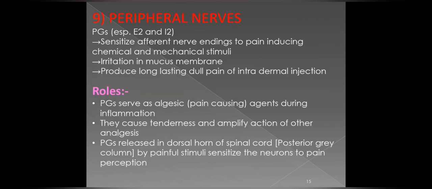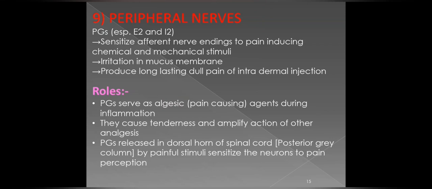In peripheral nerves, prostaglandins, especially prostaglandin E2 and prostaglandin I2, can sensitize afferent nerve endings to pain-inducing chemical and mechanical stimuli. They can cause irritation in the mucous membrane and will produce a long-lasting pain on intradermal injection. Roles. Prostaglandins can cause pain during inflammation.